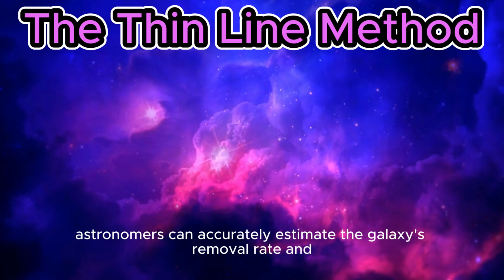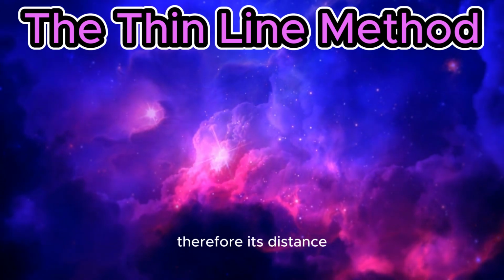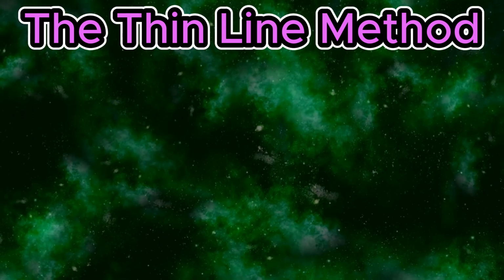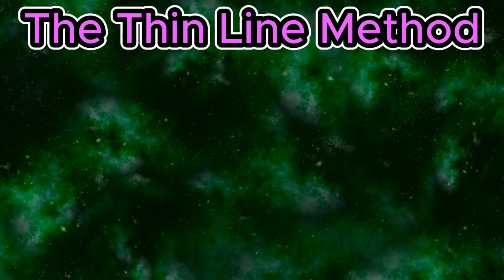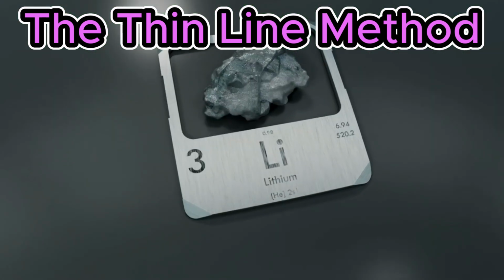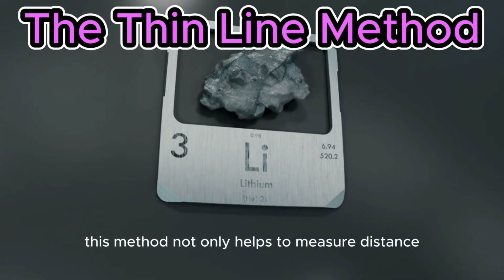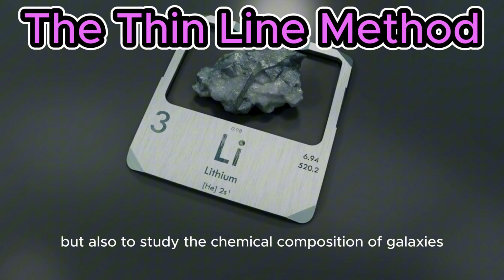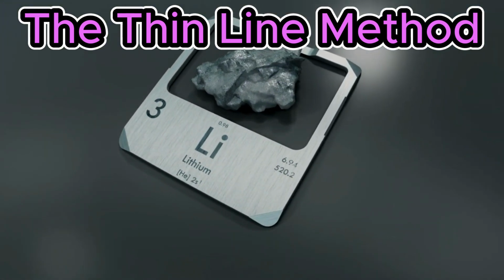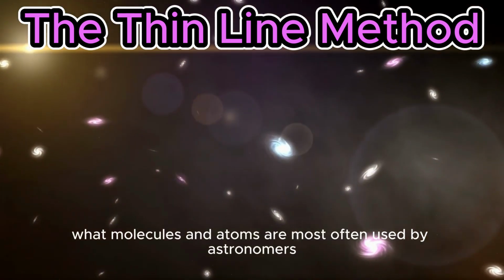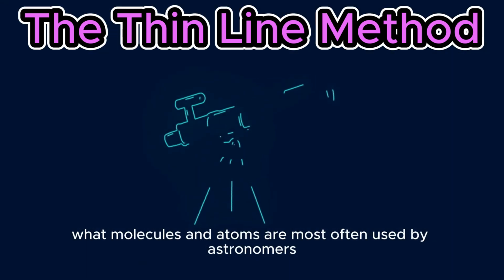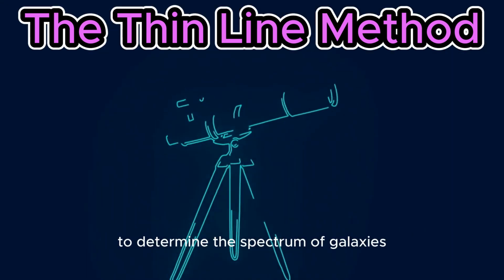Using this method, astronomers can accurately estimate the galaxy's recession rate and therefore its distance. This method not only helps to measure distance, but also to study the chemical composition of galaxies. What molecules and atoms are most often used by astronomers to determine the spectrum of galaxies?